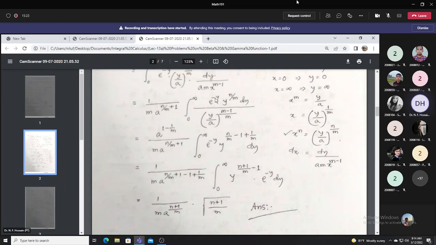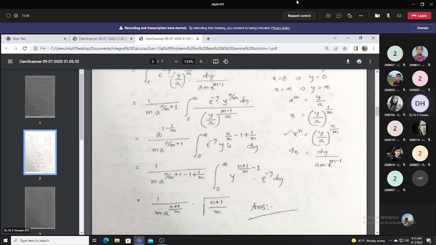And here e to the power minus y to the power n by m into y to the power, it should be minus of 1 minus 1 over m. That means when you take it to the upper side, the sign will change and it will be minus 1 plus 1 over m, right?